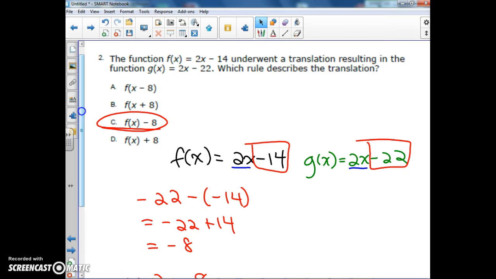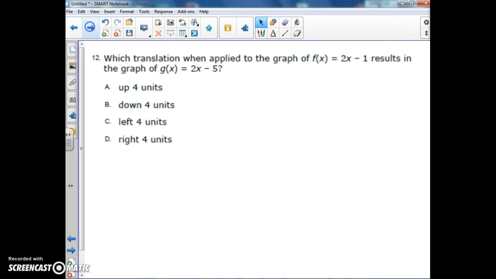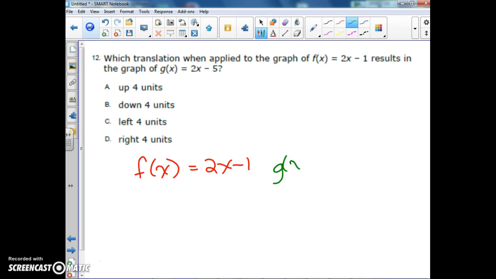Now let's go to one more example. Which translation, when applied to the graph of f of x equals 2x minus 1, results in the graph of g of x equals 2x minus 5? Again, all we have to do is subtract the y-intercepts and see how far they move. For f of x we have 2x minus 1, and g of x we have 2x minus 5.